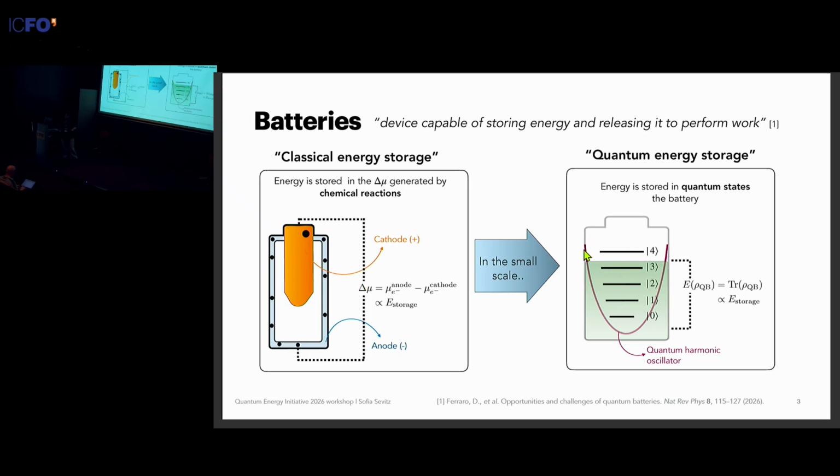So from now on, whenever I say battery, I refer to a quantum harmonic oscillator system. Here I plotted a quantum harmonic oscillator potential, which has its different energies, and you can charge these energies, and the energy of this quantum harmonic oscillator battery is the energy that's stored.